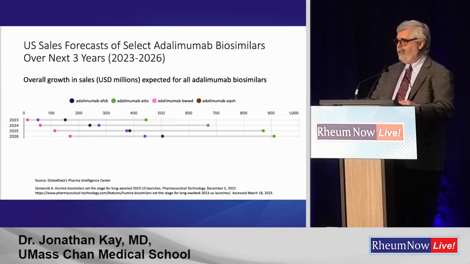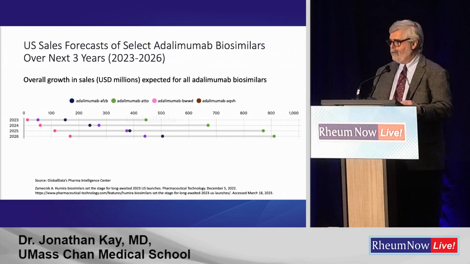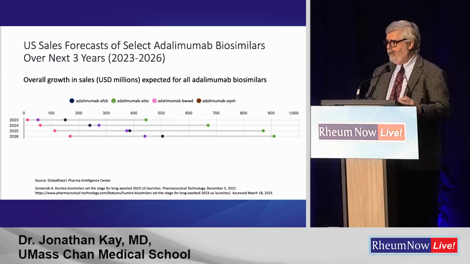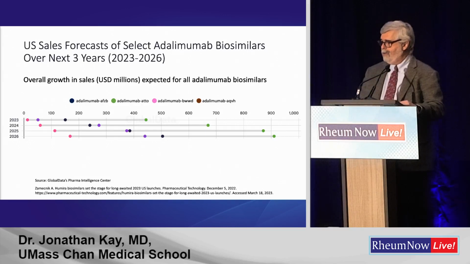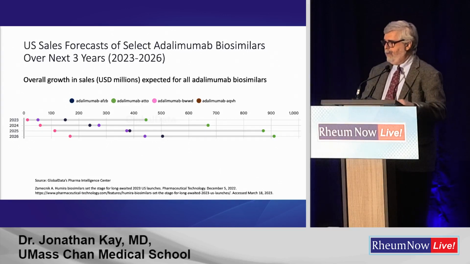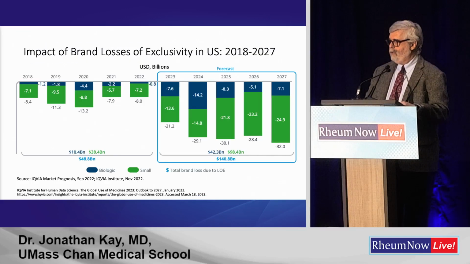The growth in sales of the adalimumab biosimilars are expected to increase. In 2023, the first adalimumab biosimilar that's been released by Amgen is expected to generate about $450 million of sales, and these sales are expected to grow by 2026 to over $900 million a year, and the other adalimumab biosimilars shown here are expected to grow as well.